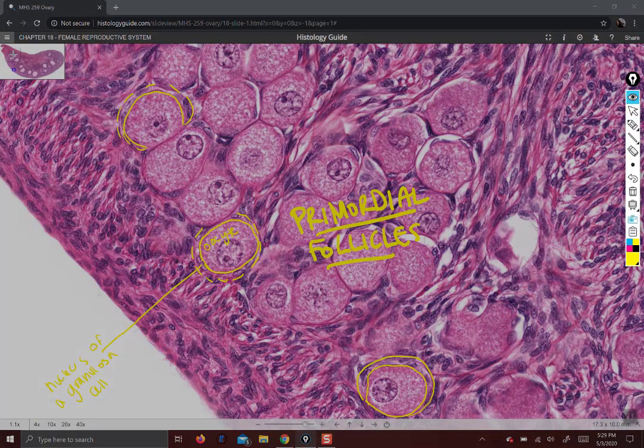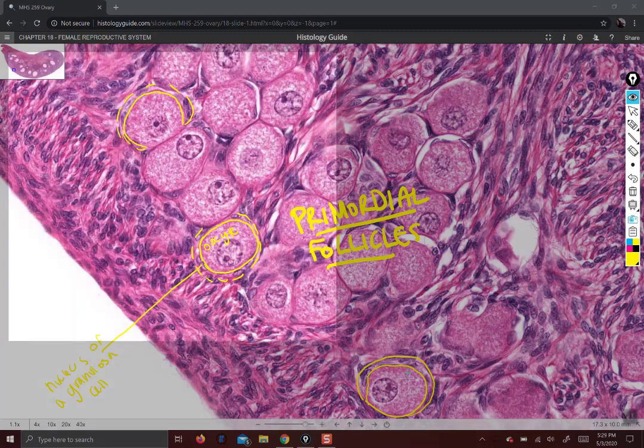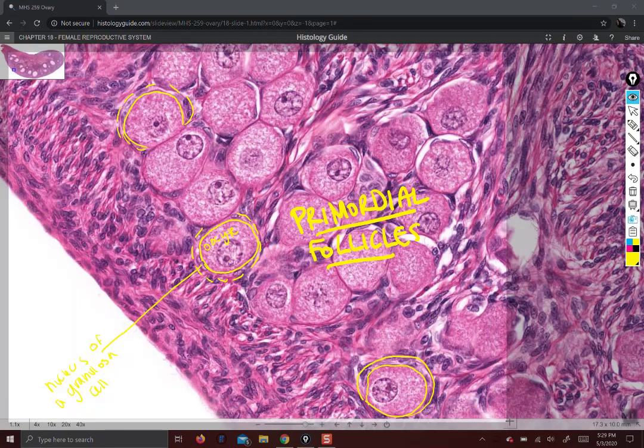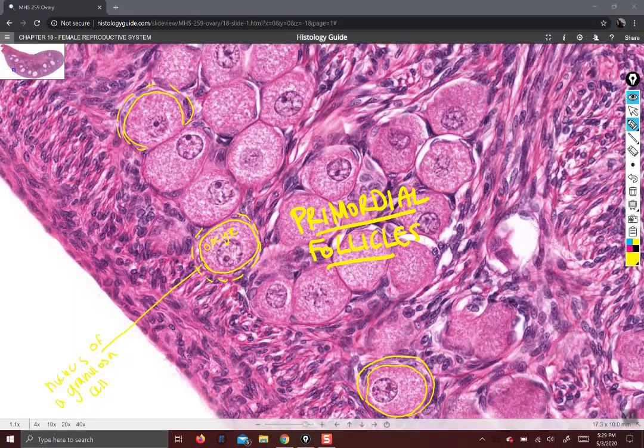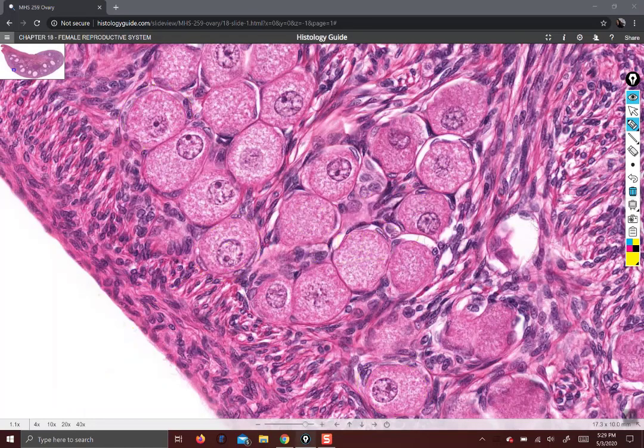I'm trying to take a lot of pictures of what I'm drawing along the way so that you have abundant resources to look at. I know that you have your histology atlases as well, and I really encourage you to rely on those heavily, but I'm also trying to provide you with supplements.